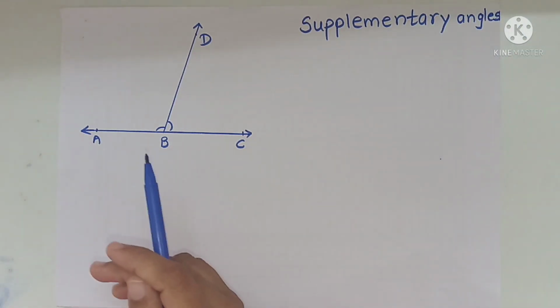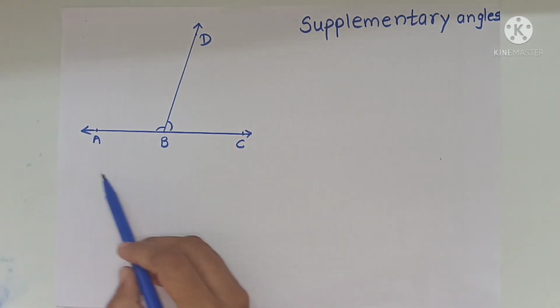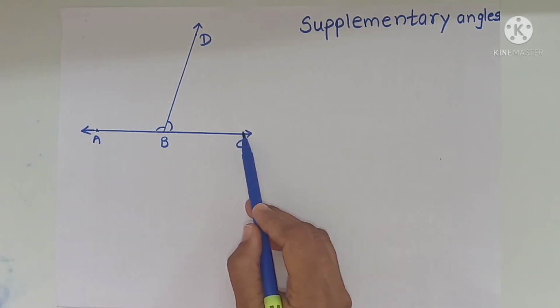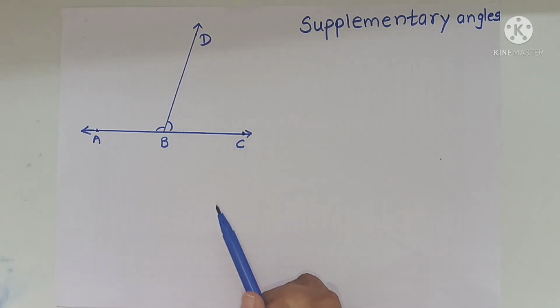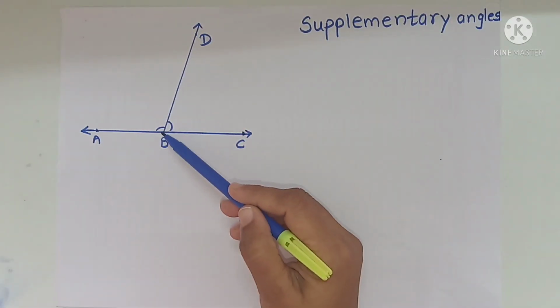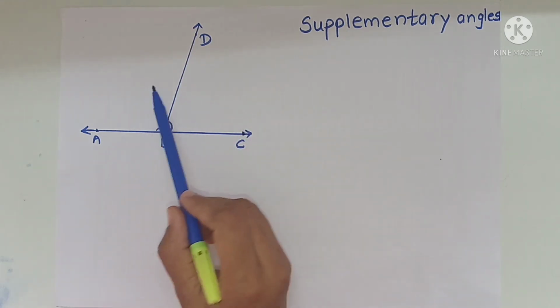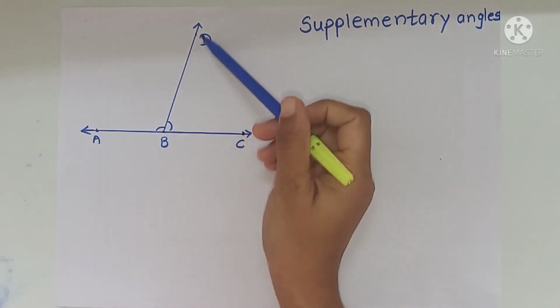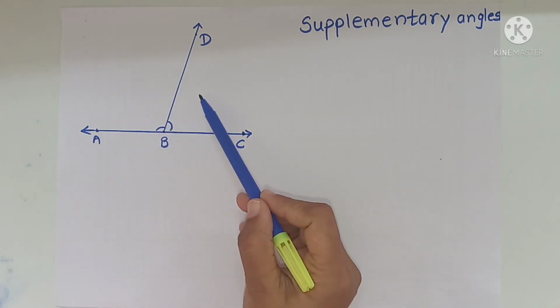Here, a line AC is shown in the figure. A ray BD stands on it. Because of ray BD, two angles are formed here.